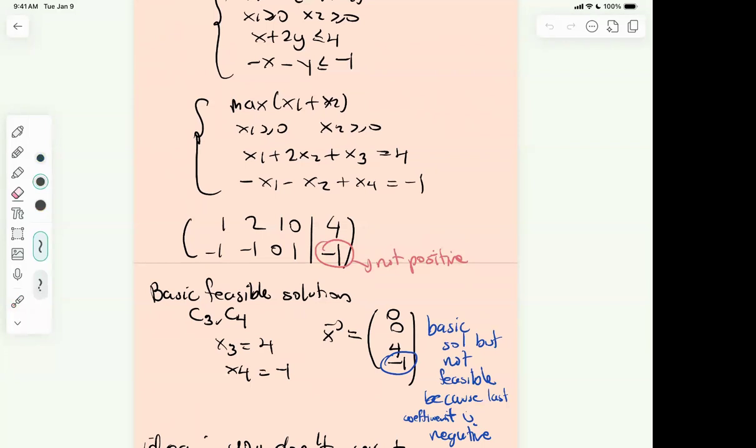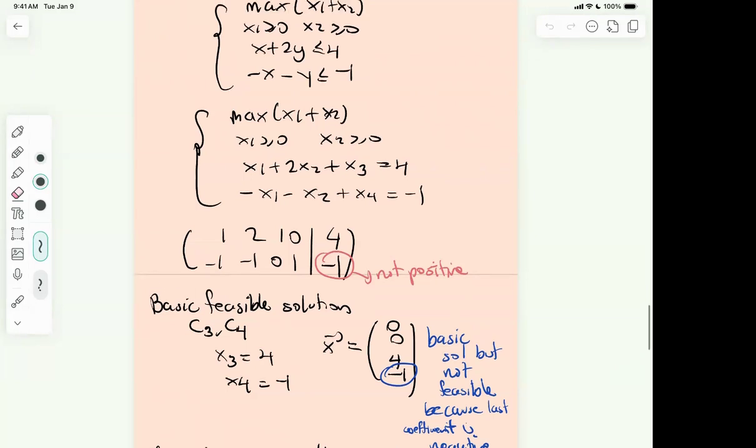But you shouldn't try to just do trial and error, because the moment you start doing trial and error to find a basis, then basically you're just examining all the corners, and you might as well not use the simplex method if you're just going to go through all the possible bases to see which one is feasible or not. So the idea is that we have to find a way to produce a basic feasible solution, and then we can start the algorithm, but to produce that solution without going just by trial and error.